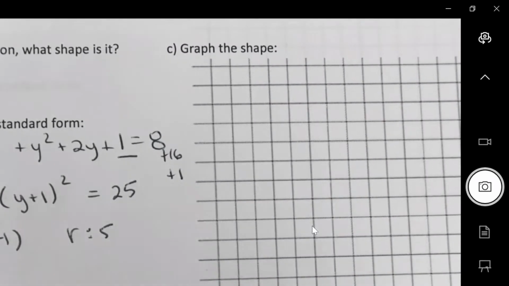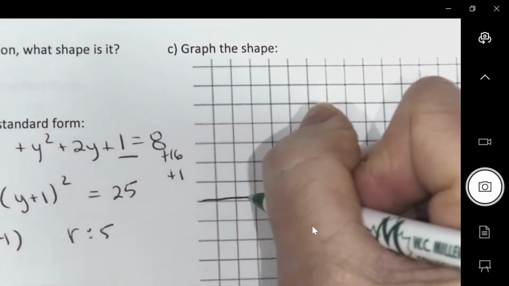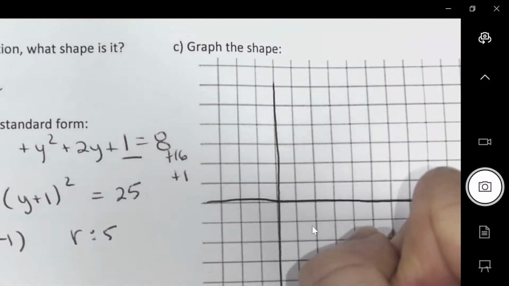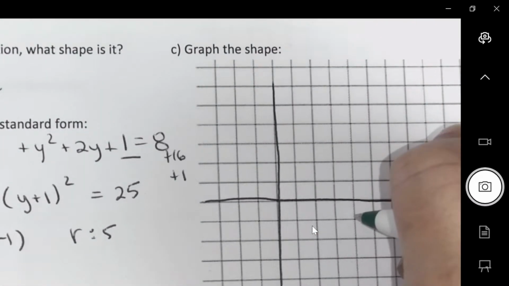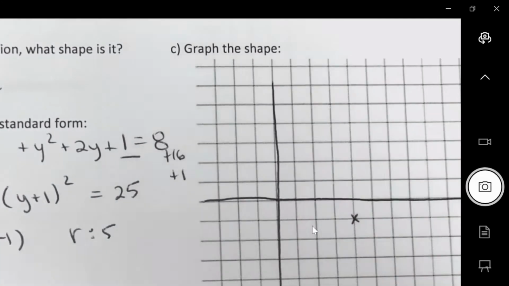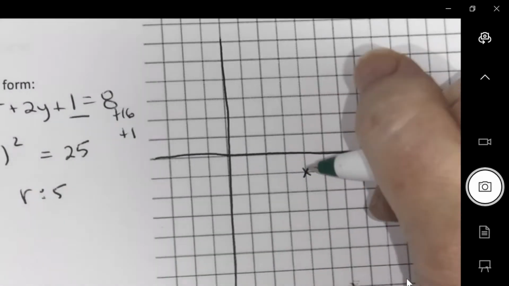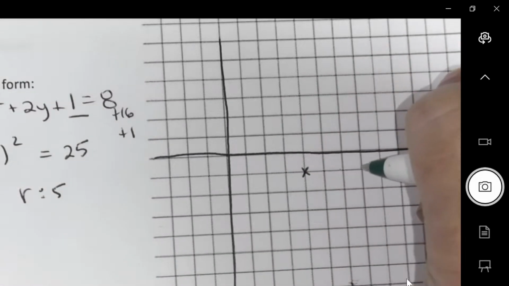Okay, so 4, negative 1 is there. I'm putting an X marks the spot because it's not a point on my graph. Okay, and then go 5 right, left.